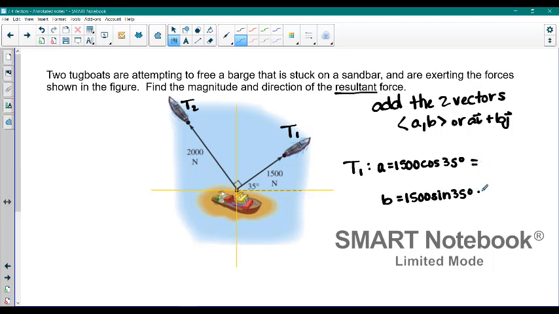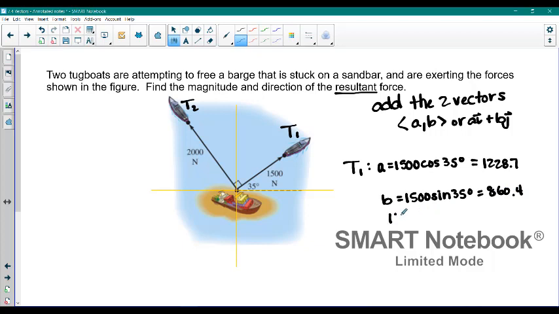Let's write down what each of those is. For A we have 1228.7, and for B we have 860.4. This is the horizontal component force, and this is the vertical component force.